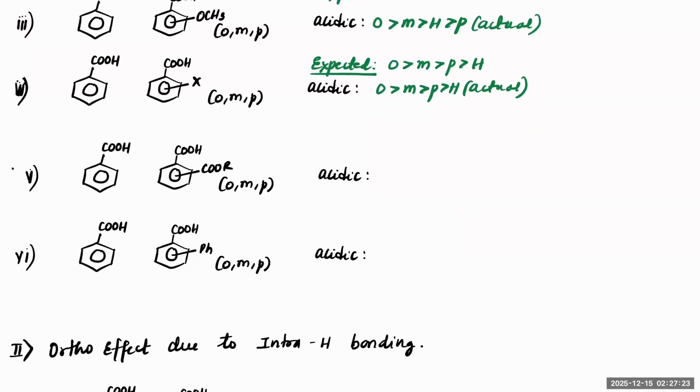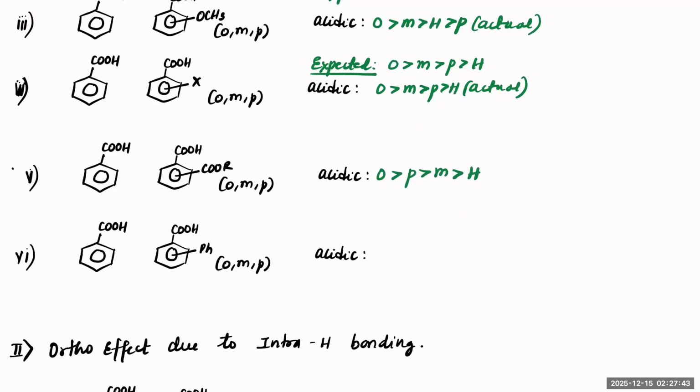Next, COOR. COOR is a very strongly withdrawing group here. And because of that, again at ortho it should be more, then para, then meta, then hydrogen.